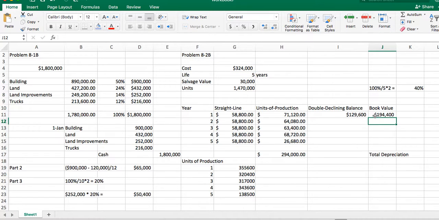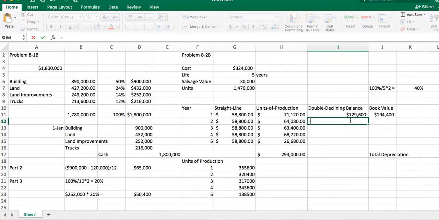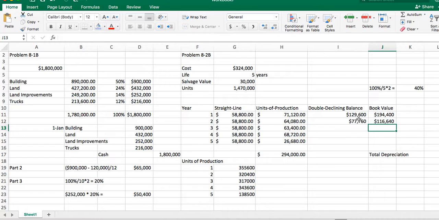So the book value at the end of year 1 is $194,400. So the depreciation for year 2 is your book value times your percentage. And then over here, we would want to take our book value minus our depreciation. So $116,600 is our book value.